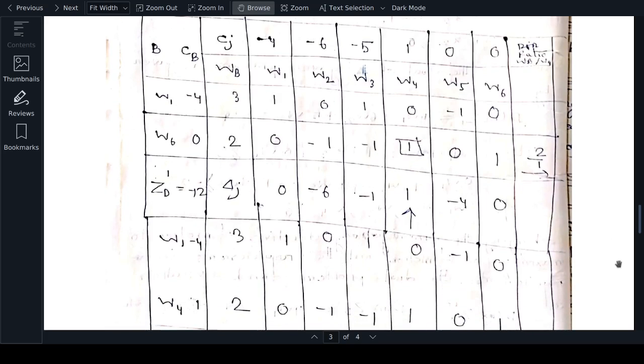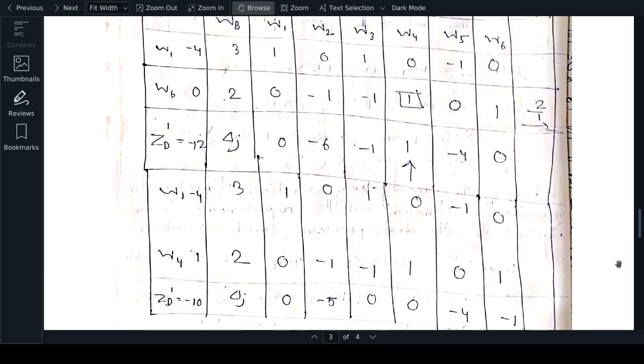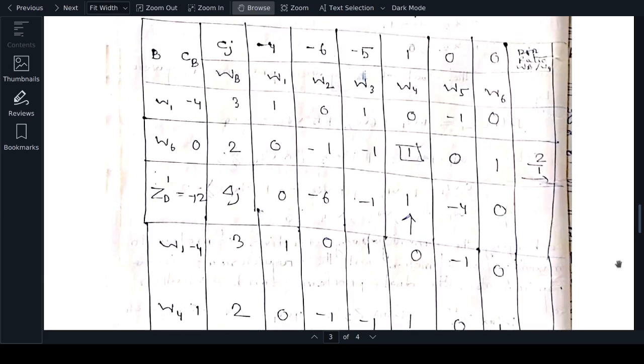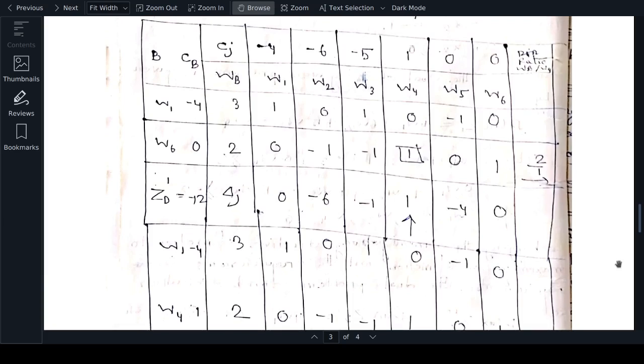Next you calculate ZD dash same as WB minus 12, and delta J you calculate same as earlier. Here there is one positive delta J in the W4 column, so this is our incoming vector.